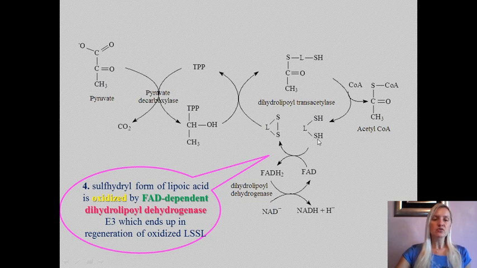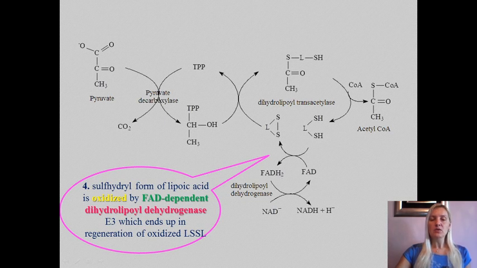The sulfhydryl form of lipoic acid is now oxidized back to the disulfide form by FAD-dependent dihydrolipoyl dehydrogenase, the third enzyme, and these reducing equivalents are transferred to the FAD coenzyme, which becomes the reduced FADH2 form.